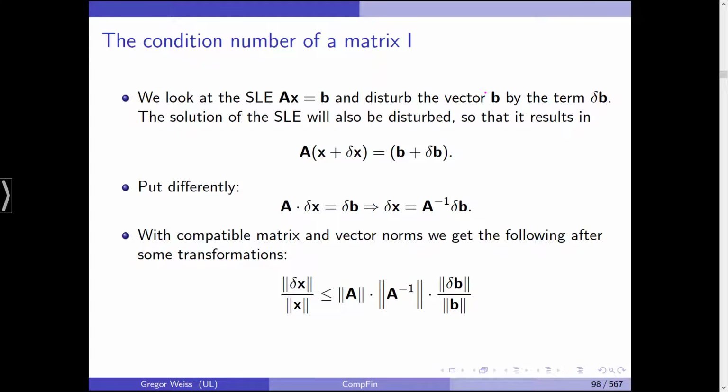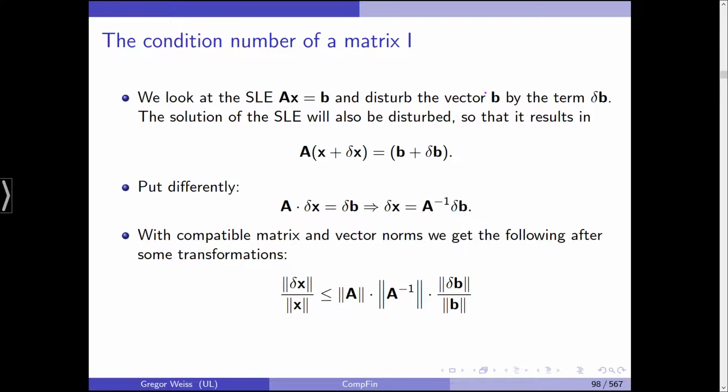So we have a disturbance in the input data, and this disturbance becomes larger or smaller as we solve our mathematical problem. Now here we are looking at a system of linear equations, simply A times X equals B, and we now disturb the coefficient vector B by the term delta B. So on the right-hand side in the next equation, you can see that we are looking not at B, but at B plus this disturbance delta B.